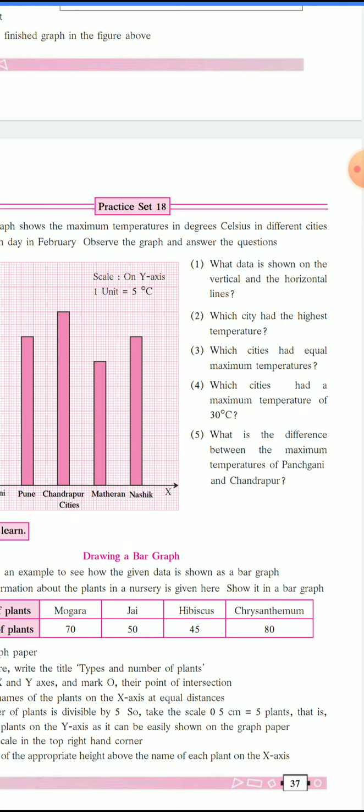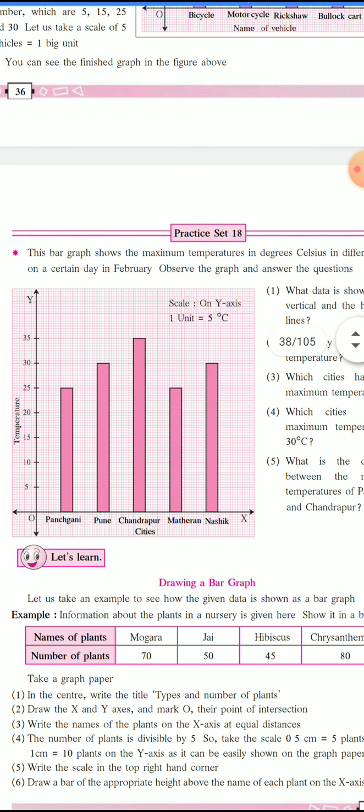Now the next question is, which cities had equal maximum temperature? Now again see the graph, whose temperature is the same. If you observe properly, Pune has 30 degrees Celsius, also Nasik has 30 degrees Celsius.